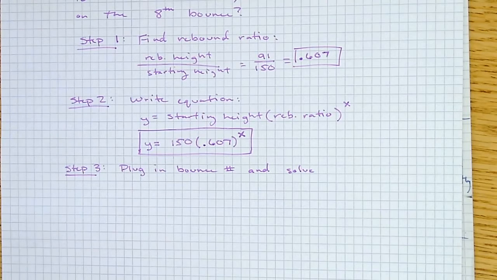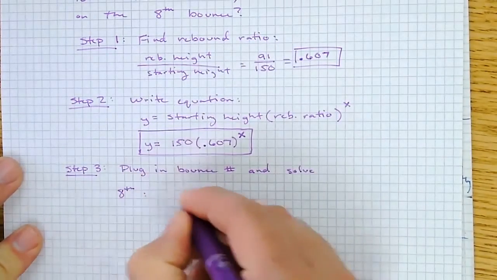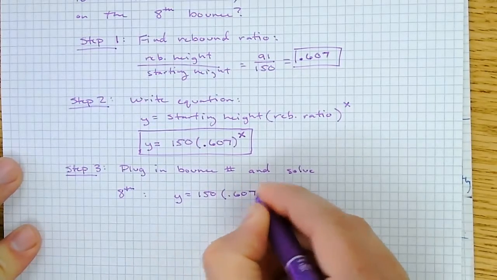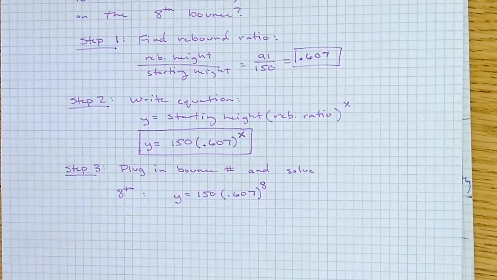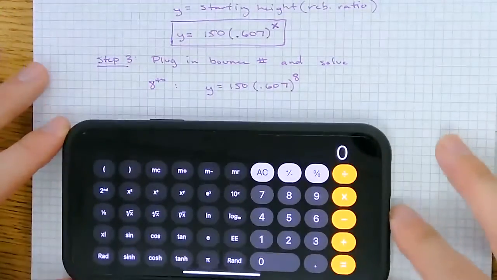Last step would be to plug in the bounce number and solve. The question asked us for the 8th bounce. So we have y equals 150 times 0.067 raised to the 8th. I'll show you how to do it on a phone because it's important.